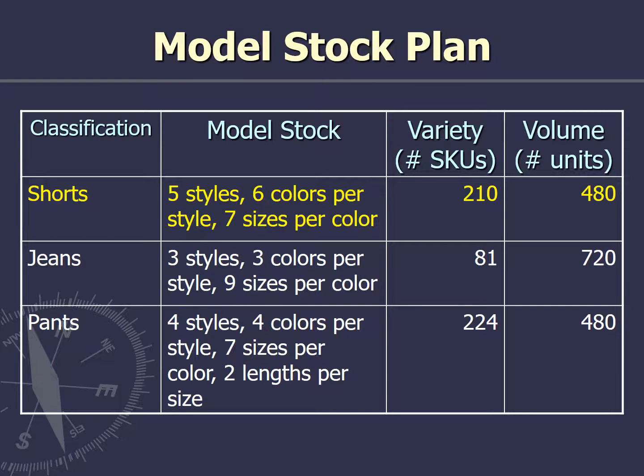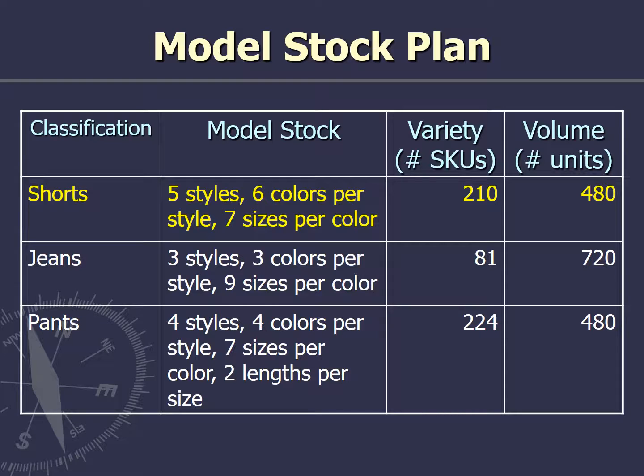Okay, so this slide shows a simpler example of a model stock plan, let's say for bottom categories. In this store, there are 3 classifications: shorts, jeans, and pants. And for each of these classifications, they have a set of model stock plans. It says for shorts, for example, 5 styles, 6 colors, and 7 sizes.